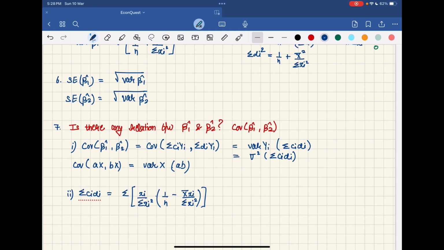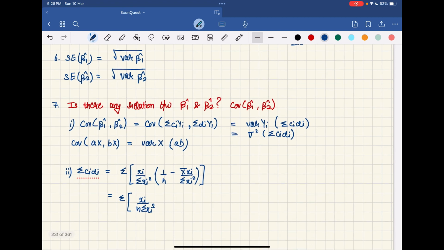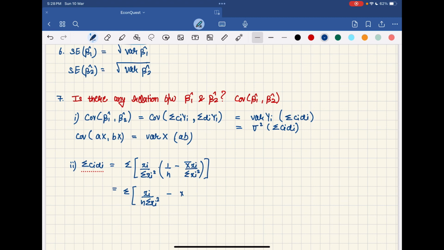This thing is equal to summation of xi upon n times summation xi square minus x bar summation of xi square divided by (summation of xi square) whole square, right? Let's take the summation inside. You will get something like this.